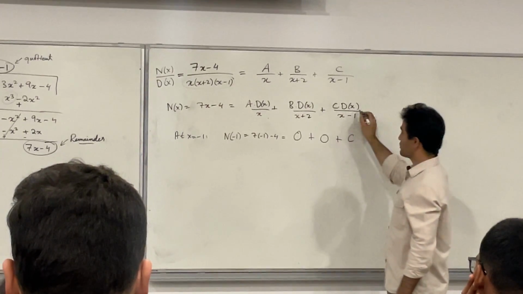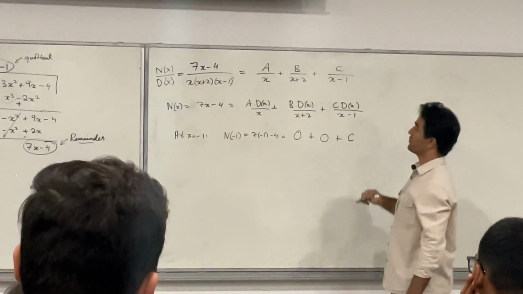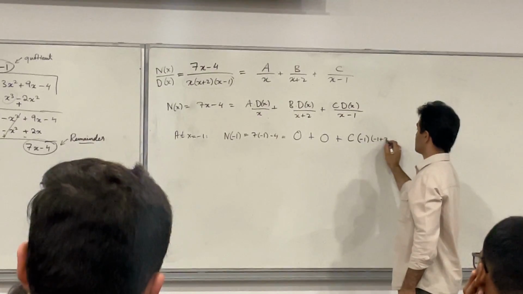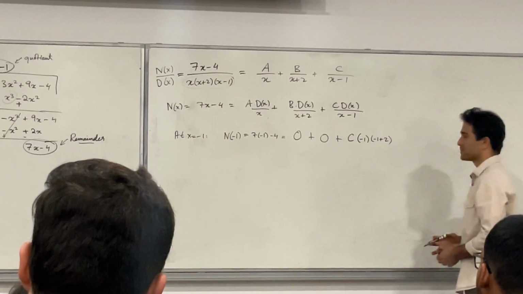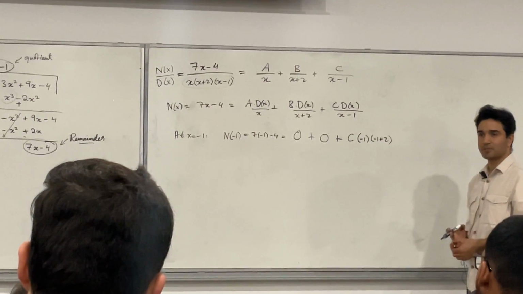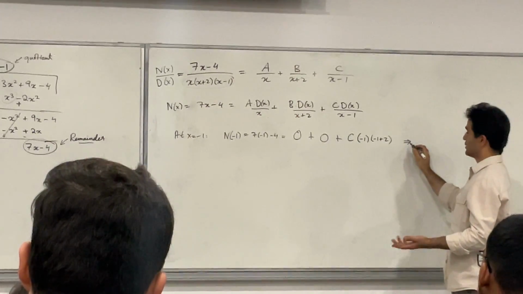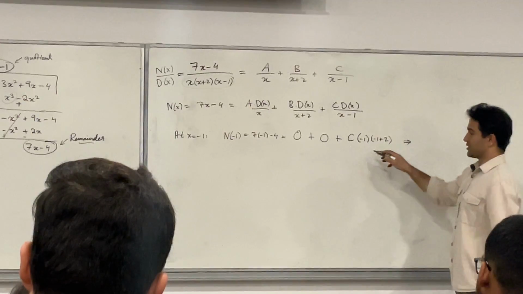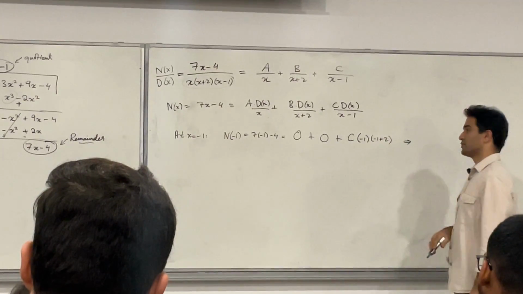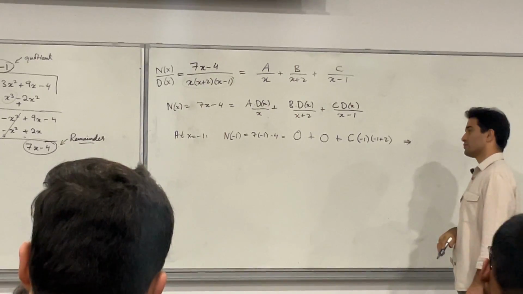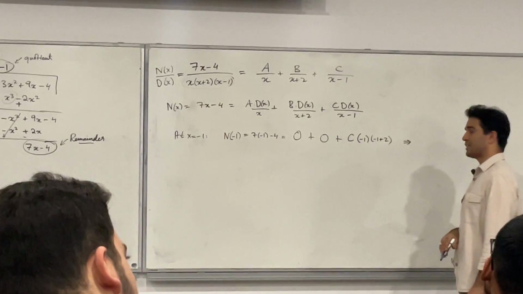So I get c times whatever is left of the denominator after you divide by x minus 1. So c times minus 1 times minus 1 plus 2. So you can immediately say, that's 1 times minus 1, so the minus c is minus 11.